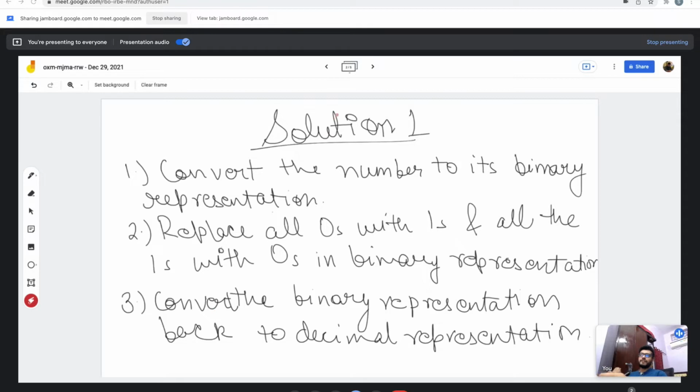If we take the prior example, we first convert 5 into 101, then replace its zeros with ones and ones with zeros to get 010, and convert that back into decimal, which is 2. Let's take some examples and see how we can do this.